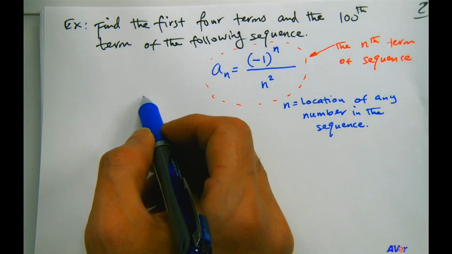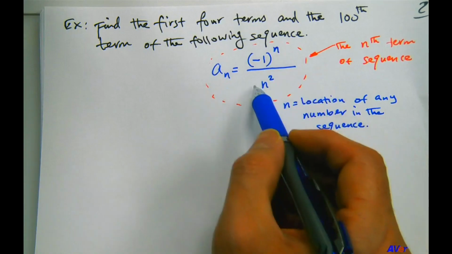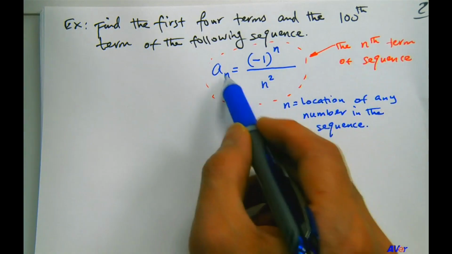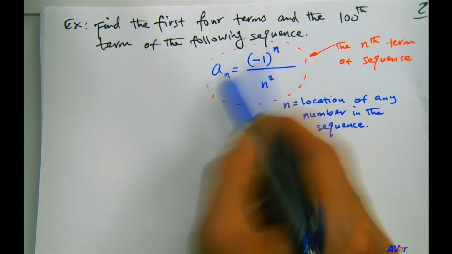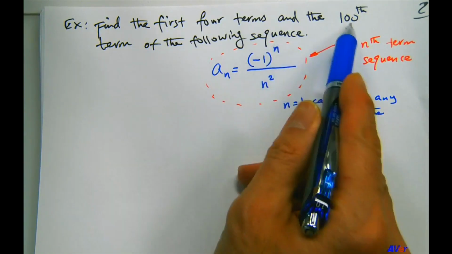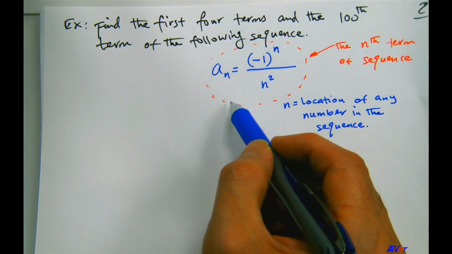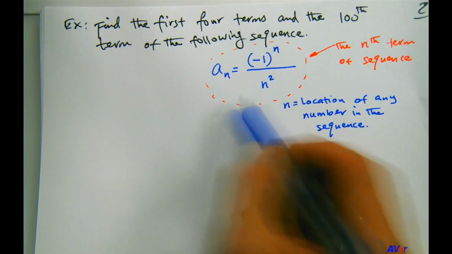But that will be very, very laborious and time-consuming, right? Or you can use a formula like this, the nth term of a sequence, that you can just simply plug in 100 for n, wherever you see n in this formula, and you're going to be able to find out what the 100th digit is in this sequence.